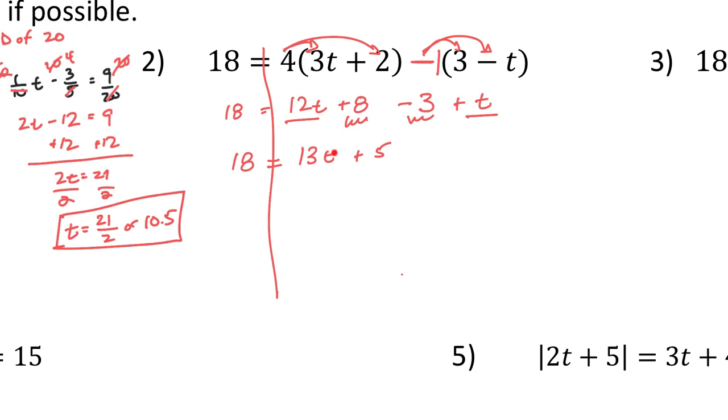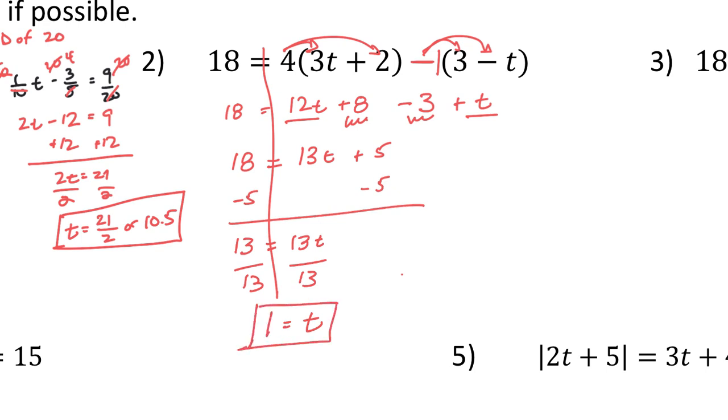So that means we can focus on that, and to solve for that t and get it by itself, we have to first get rid of this 5, and it leaves us with 13 on the left side equal to 13t. And then we get rid of the 13 using division, and we get t equal to 1. And that's our answer.